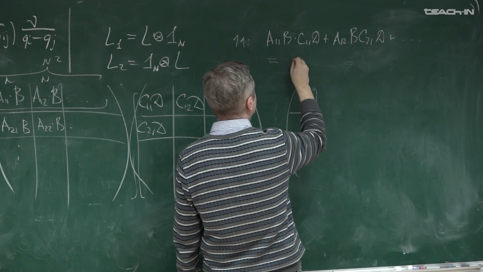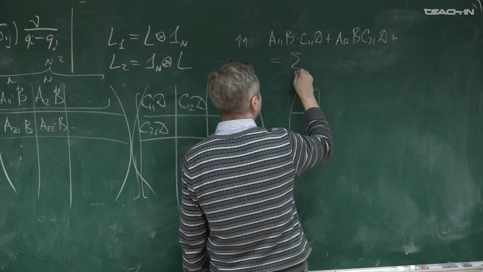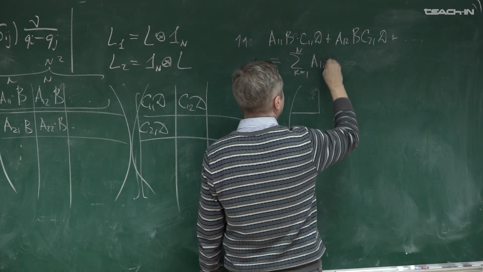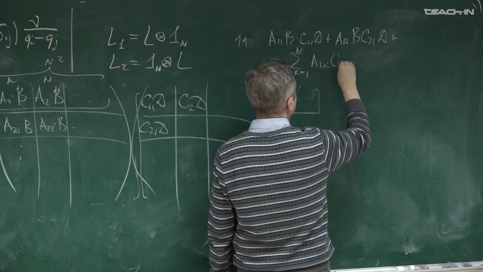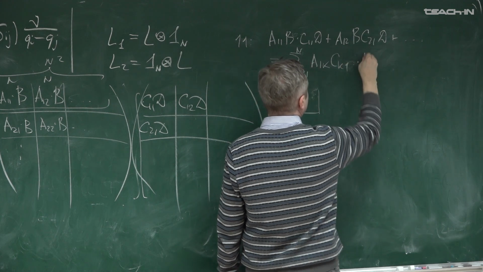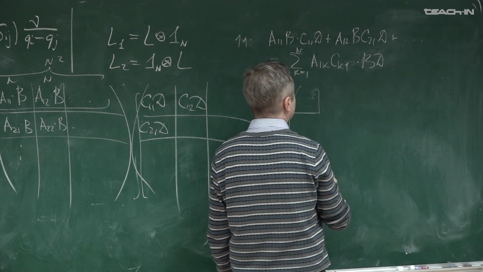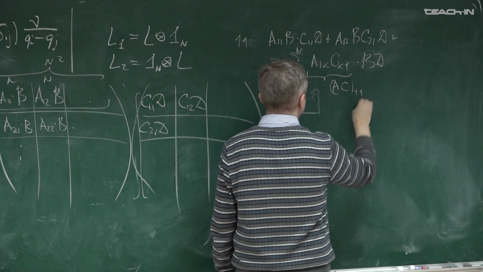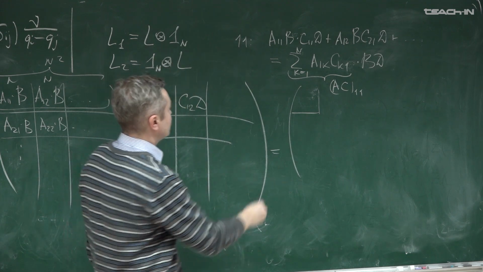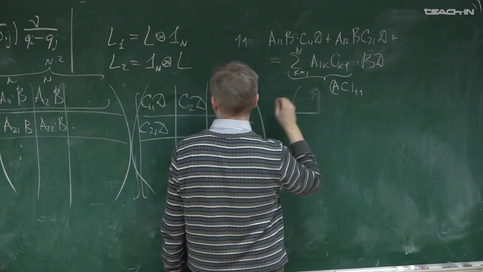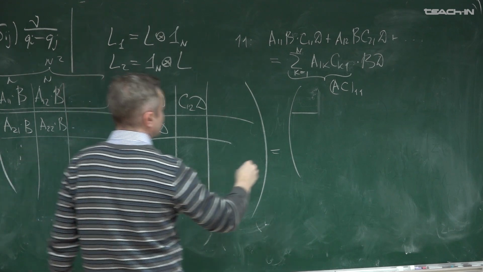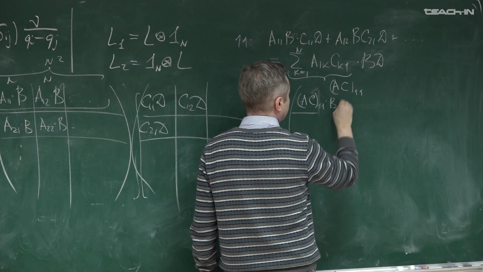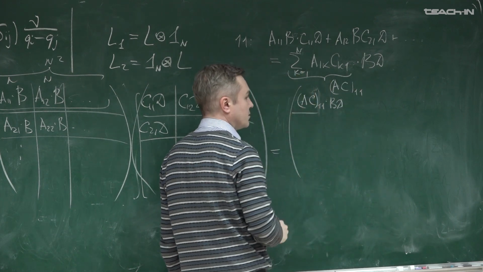And obviously it is equal to the sum over k from 1 to n of A1k Ck1, multiplied by BD. And this is exactly (AC)11, as it should be. Because according to this rule, we should obtain here (AC)11 multiplied by BD. This is exactly what we have.